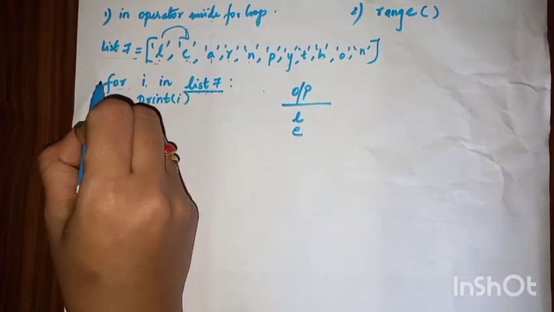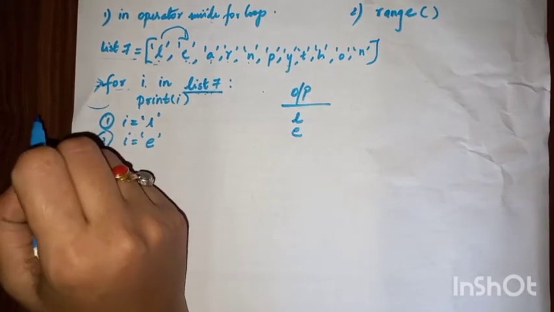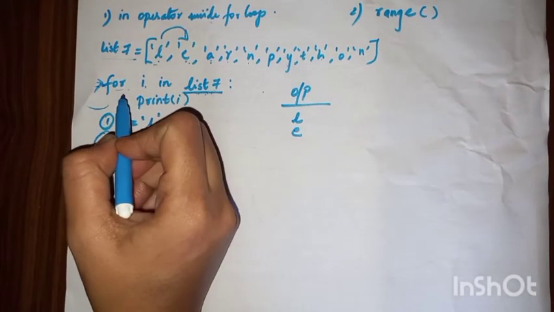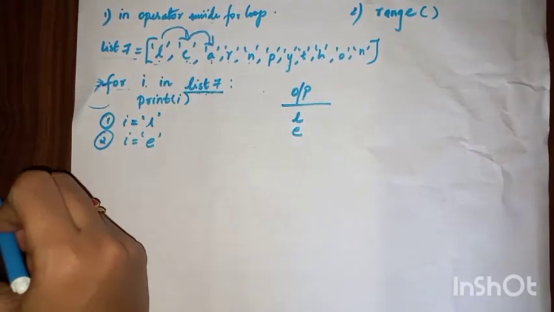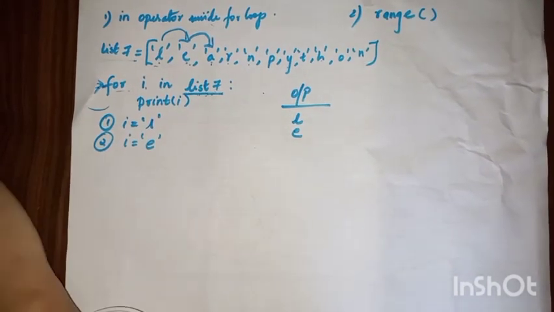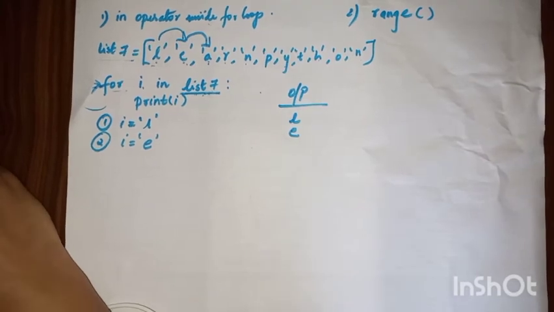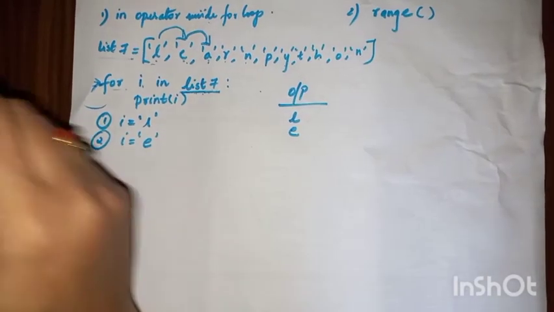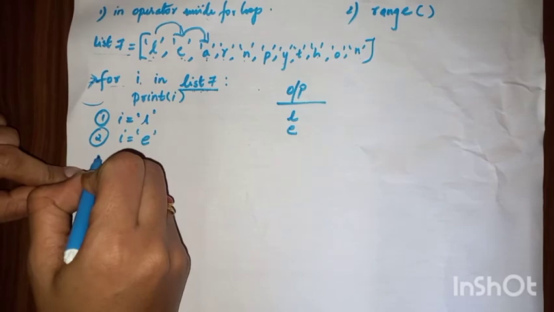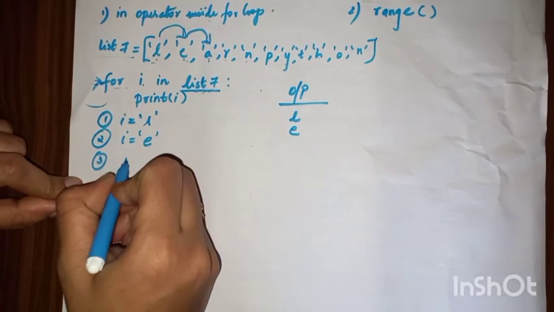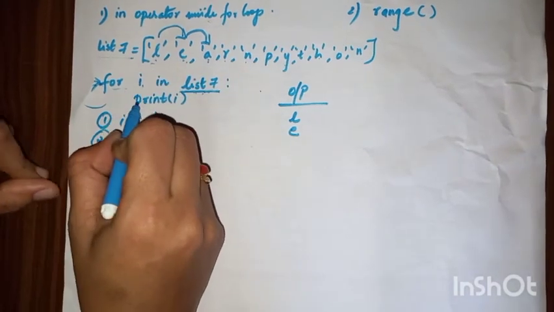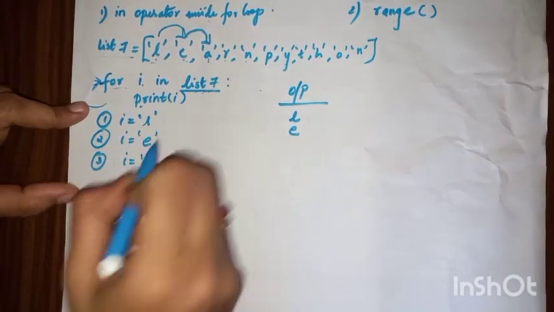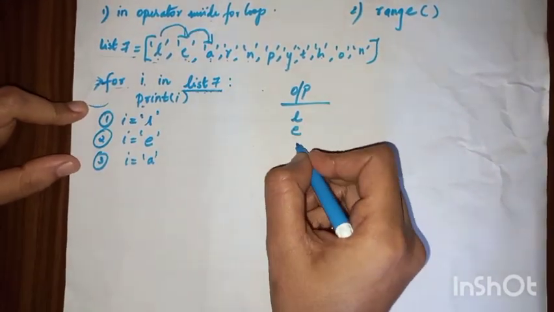Again it will go to the starting of the for statement, and I will be the next element in the list. In the third iteration, I is equal to A. Then it will enter the loop and print I, which prints A in the next line.